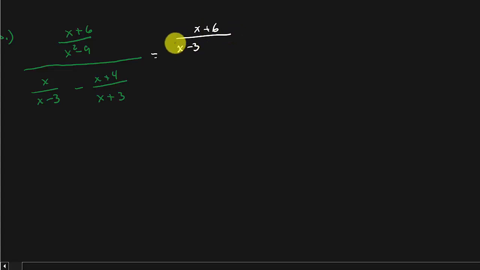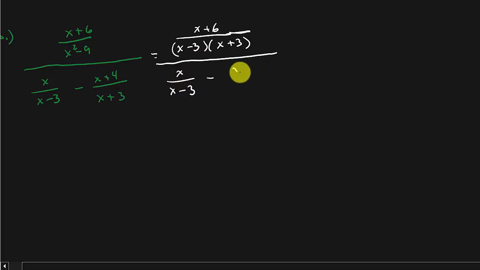I've got this x squared minus 9 that I can factor out, okay? If you have any denominators that can factor, factor them first. And that is over x minus 3 minus x plus 4 over x plus 3. Let me change. That's not a very good looking plus sign.